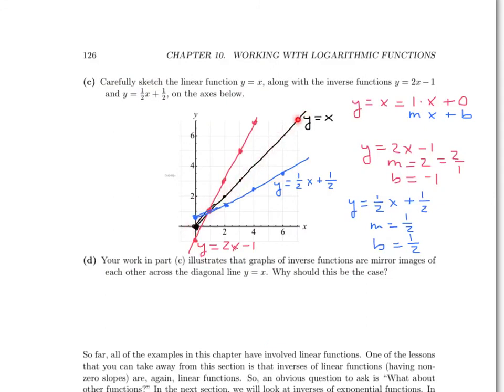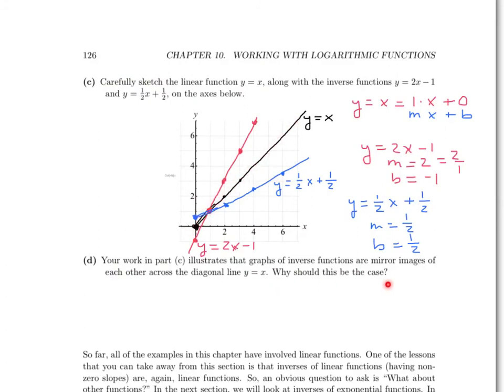And what you see on one side of that line is the mirror image of what you see on the other side of that line. And that will always be the case with inverse functions. When you graph them, they will always be what we call symmetric about the line y equals x. In other words, they will be mirror images of each other across this line.